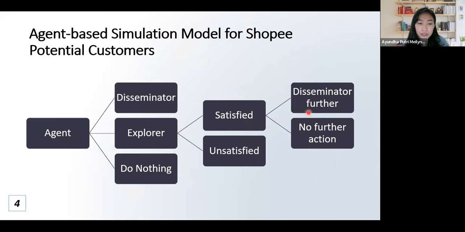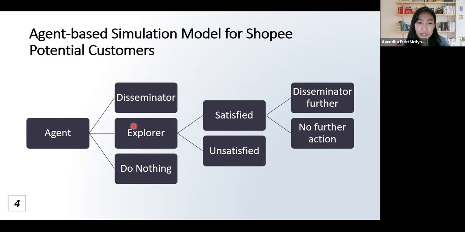This is an agent-based simulation model for Shopee potential customers. Following the characteristics of ABM, potential Shopee customers have various characteristics during the simulation. This study uses three characteristics of agents. The first one is disseminator. Disseminators immediately spread innovations, which are the consumers, and in this case, consumers are people who purchase products on Shopee.